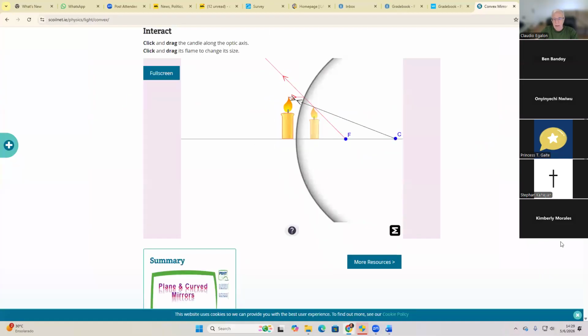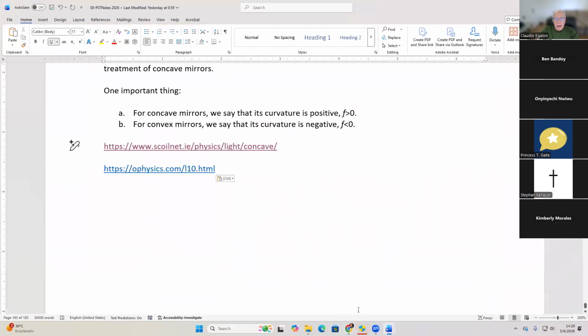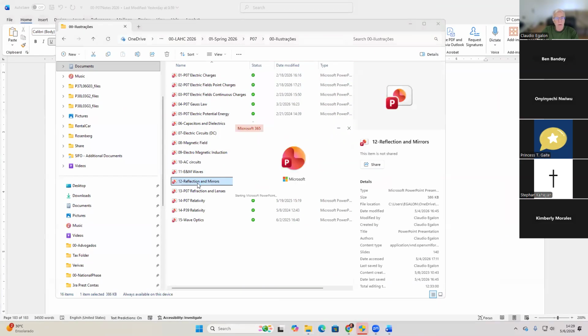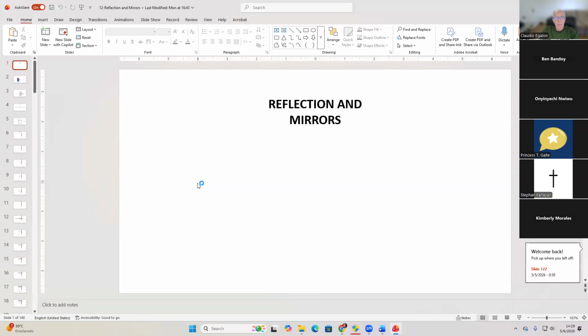Let's escape here. I will get my illustration. Mirror, AC circuit, reflection, and mirror. It is 10:30, right? We have another few minutes to go.